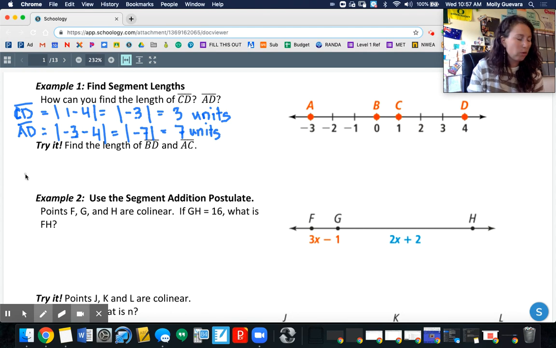Okay, so we are gonna just go over this really quickly. So the line segment BD is equal to the absolute value, B is 0, minus D is 4. 0 minus 4 is negative 4, so I want the absolute value of negative 4, which is 4 units.